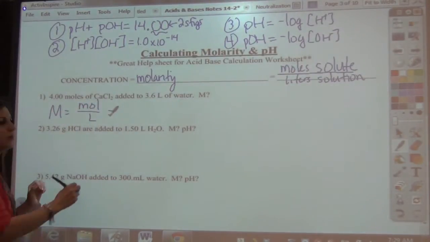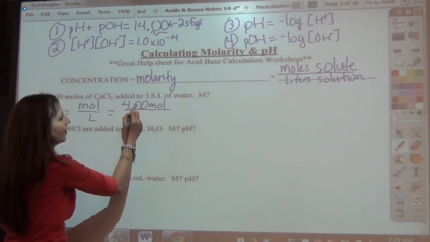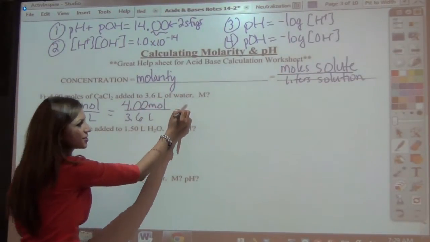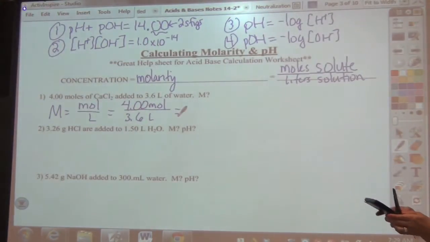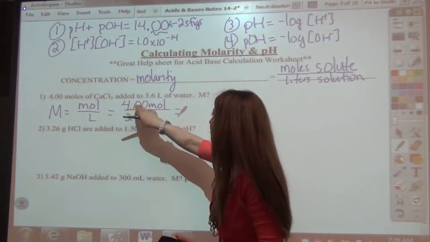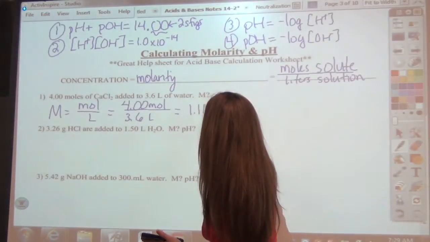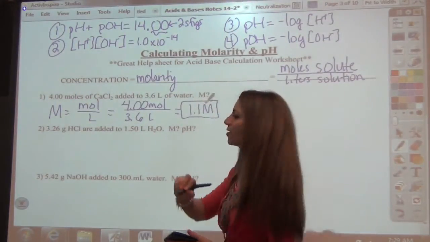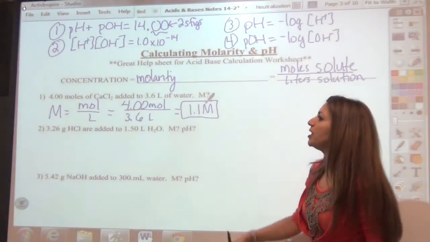And our moles are 4.00, awesome, divided by our liters, which is the 3.6 liter. And so if you divide, what do you get? Okay, and we have 2 sig figs right there and 3 there. So we want 2 sig figs, so that would be 1.1 molar calcium chloride solution. Okay?